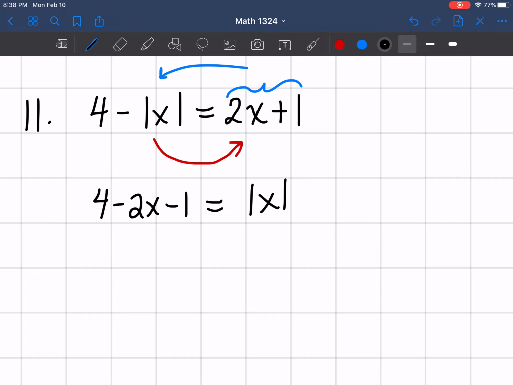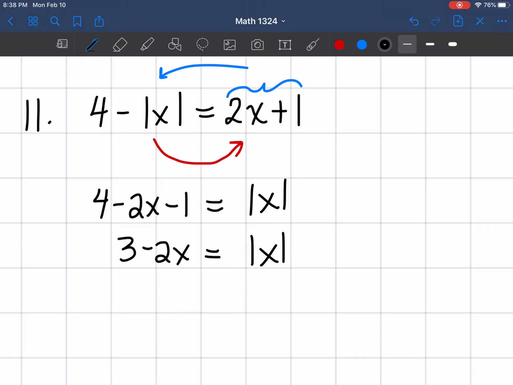Of course, you can rewrite that as absolute value of x equals, and this simplifies with the 4 minus 1, that gives you 3. So we have 3 minus 2x equals absolute value of x.